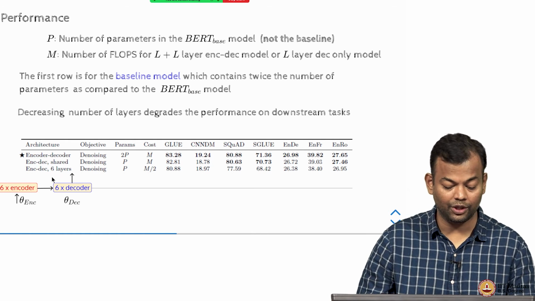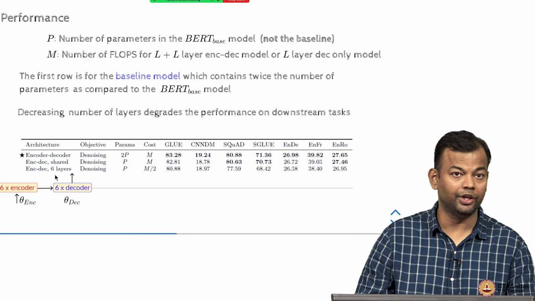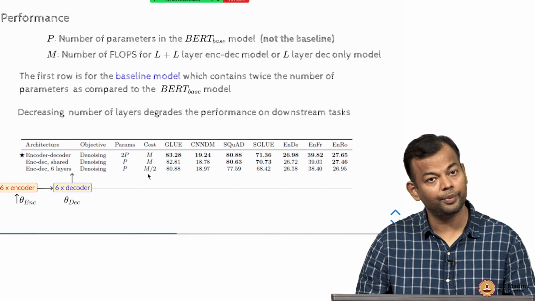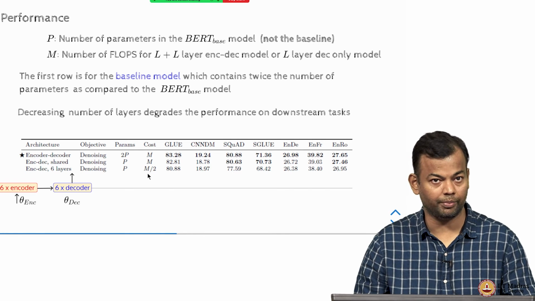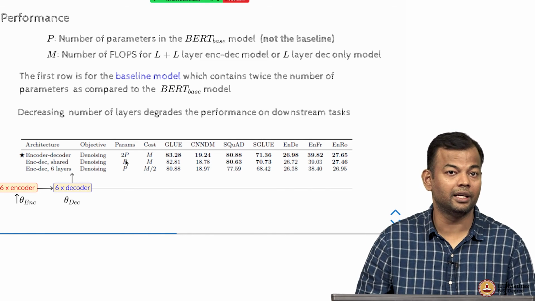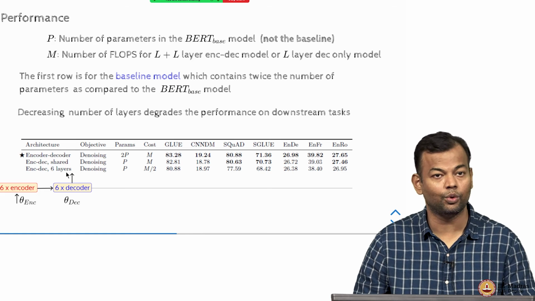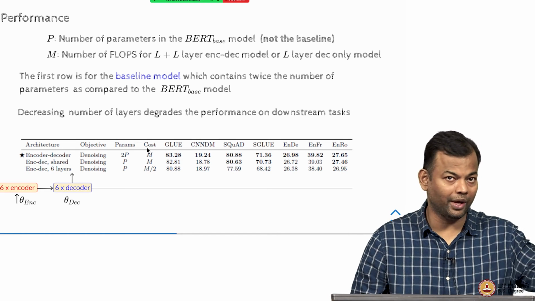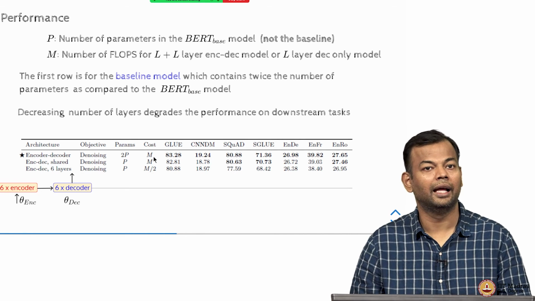The other thing could be that you reduce the number of layers. If you reduce the number of layers, then your number of parameters would reduce to P, but your computational cost would also reduce to M by 2. Because remember that a model with 12 layers of encoder and 12 layers of decoder has the same cost as the BERT-based model, which you will go and compute as homework.